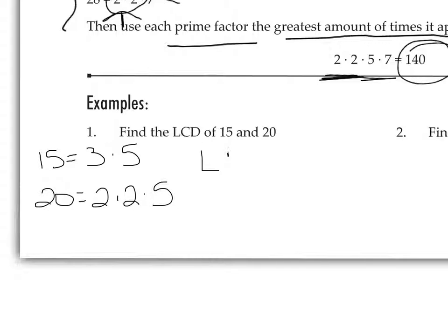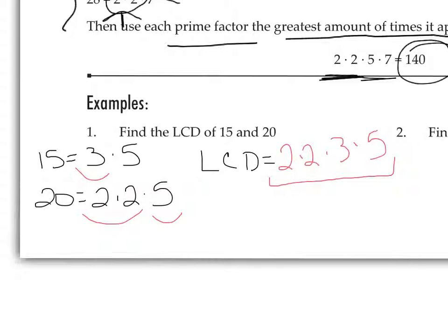So the least common denominator, the biggest group of 2's, the biggest group of 3's, and these 5's both have the same number in them, so it doesn't matter which group we take. When we multiply all of that together, what do we get? 60. So the least common denominator of 15 and 20 is 60.